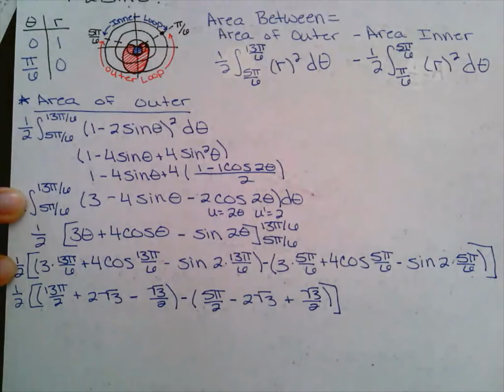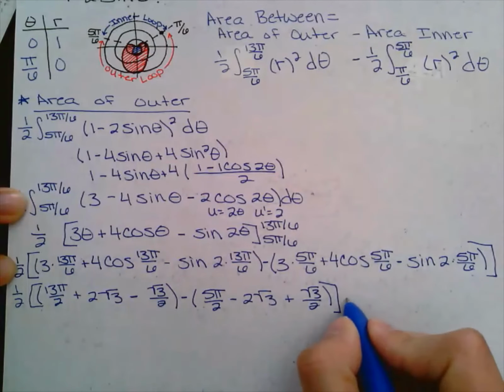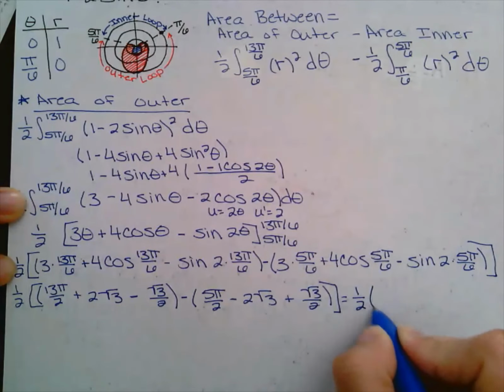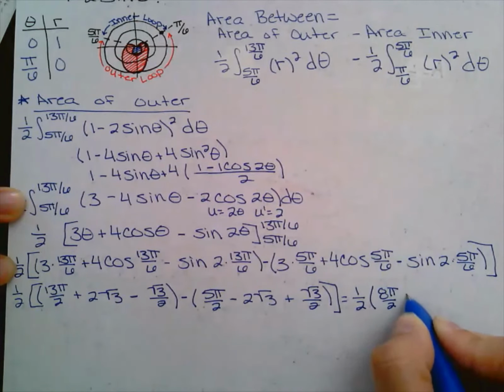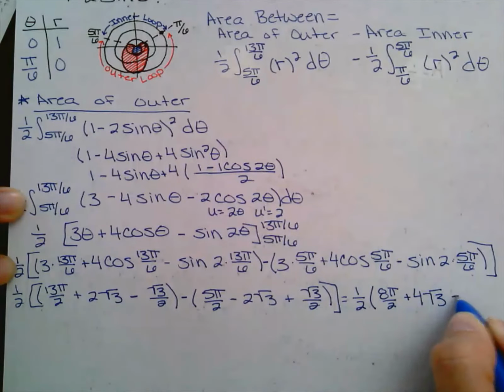All right, and at this point, I'm going to start combining my like terms. I'm going to combine these two together, these two together, and these two together. Make sure you distribute that negative. I end up with half times 8 pi over 2 plus 4 radical 3 minus radical 3.